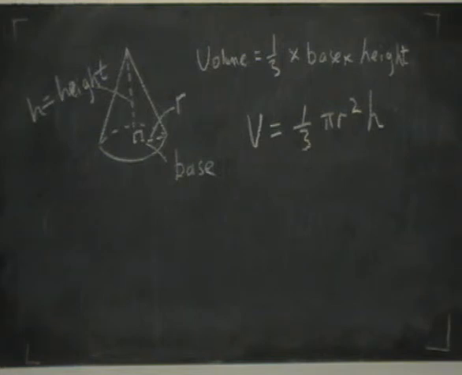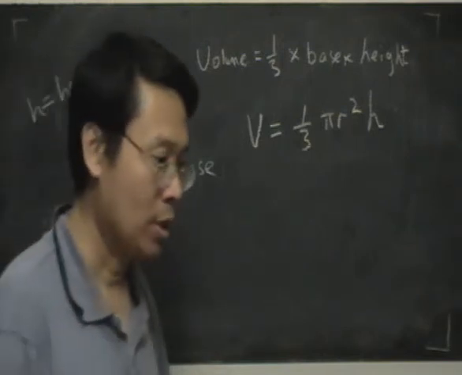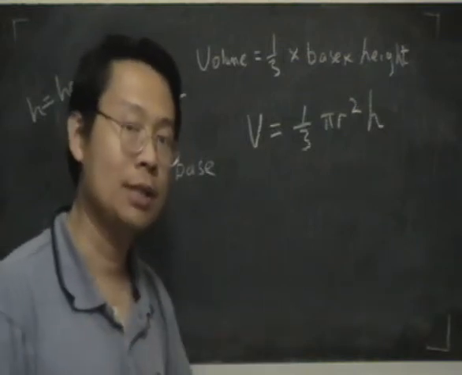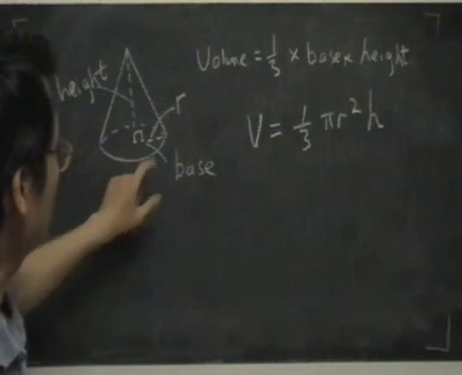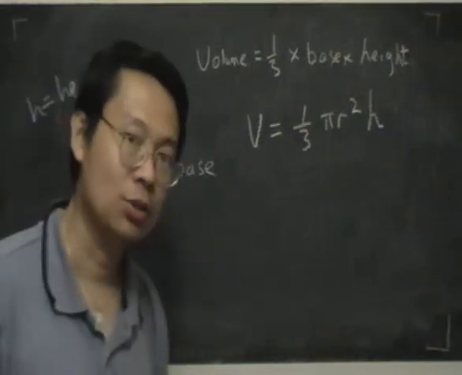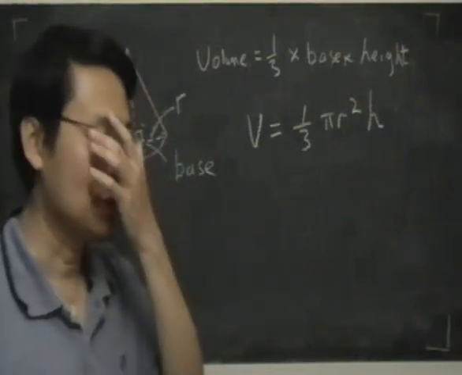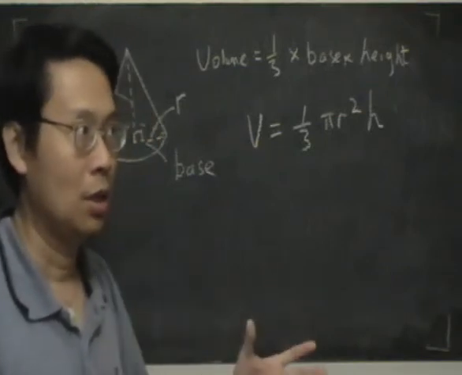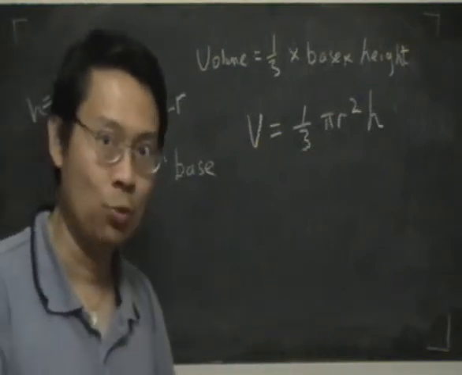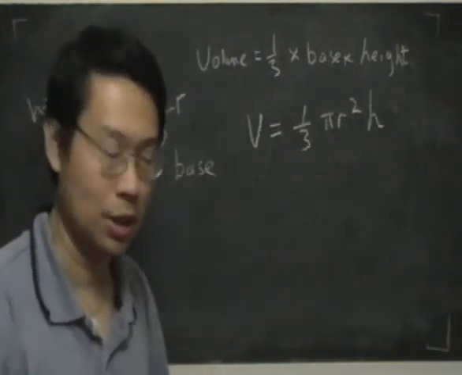Now, interestingly, we can apply this same formula even if the base is not a circle. So it's like the idea just now for an object with a uniform cross section.